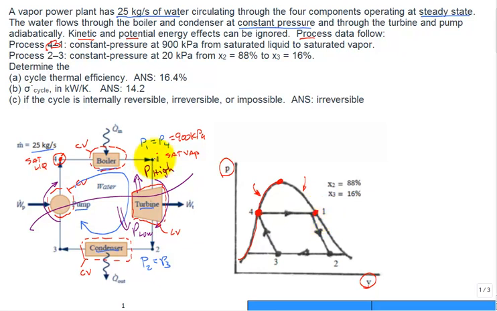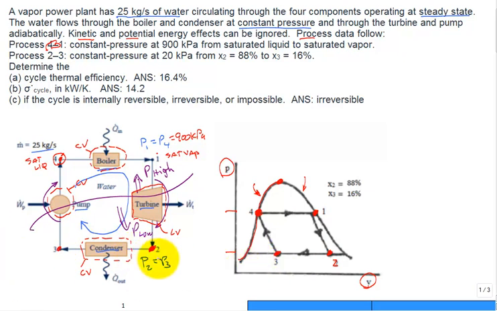Then when you go through the turbine, you're dropping the pressure, and it ends up going into the dome at state 2, and state 2 is on the lower right side of both the schematic as well as the PV diagram, and then state 3 is on the lower left side, both the schematic and the PV diagram.